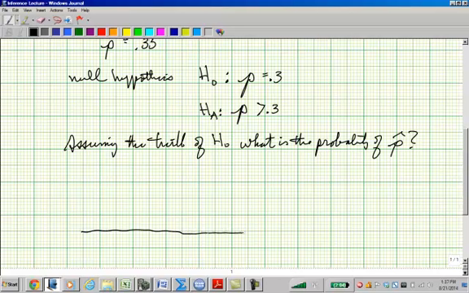Well, let's draw a normal curve. It doesn't look very normal, but anyway. Let's put p. Now, the null hypothesis parameter is symbolized by p sub 0, and that's taken from H sub 0. So here's p sub 0, which is 0.3. Now, I'm doing this as an explanation. You don't have to reproduce this now.